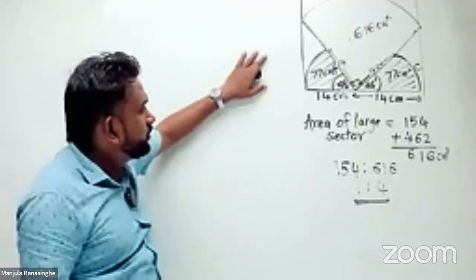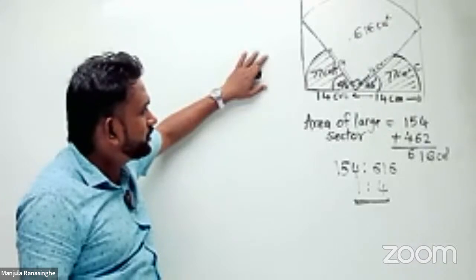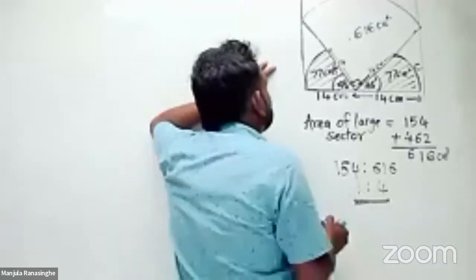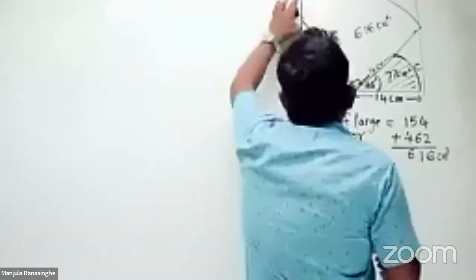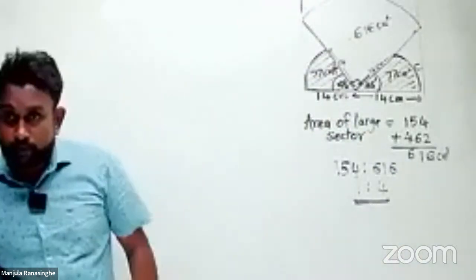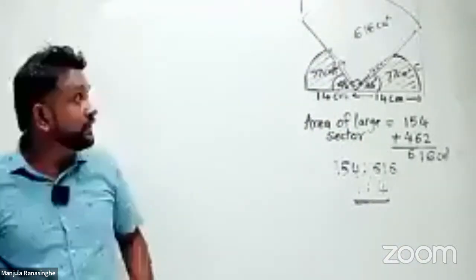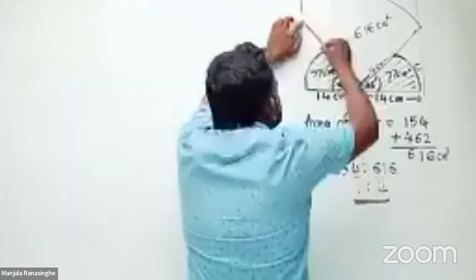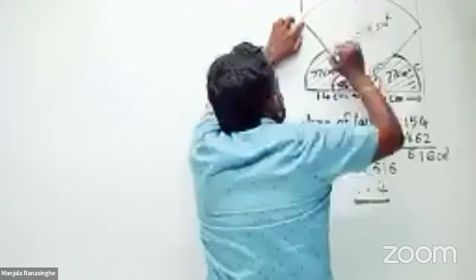Right. So if you take this length, how much is this length here? That is not much. Here we have some additional part. So take the radius of this bigger sector. How to take the radius?